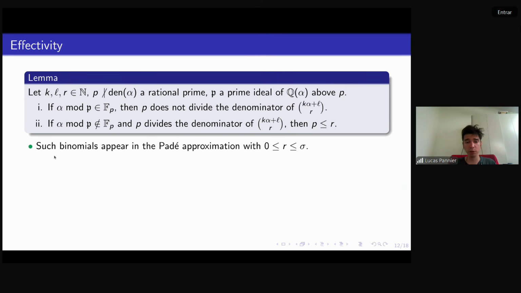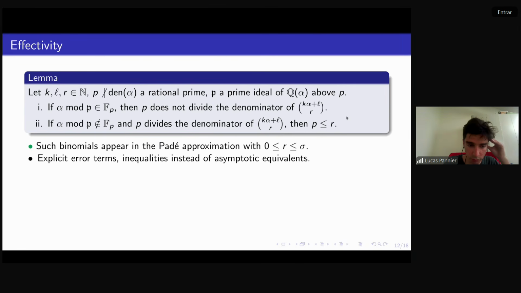It's because these binomial coefficients appear in the Padé approximation that Chudnovsky put, with r smaller than sigma. And this is why sigma is the bound on the number of primes we need to check. It's really because these are all the primes that can appear in the binomial coefficients.